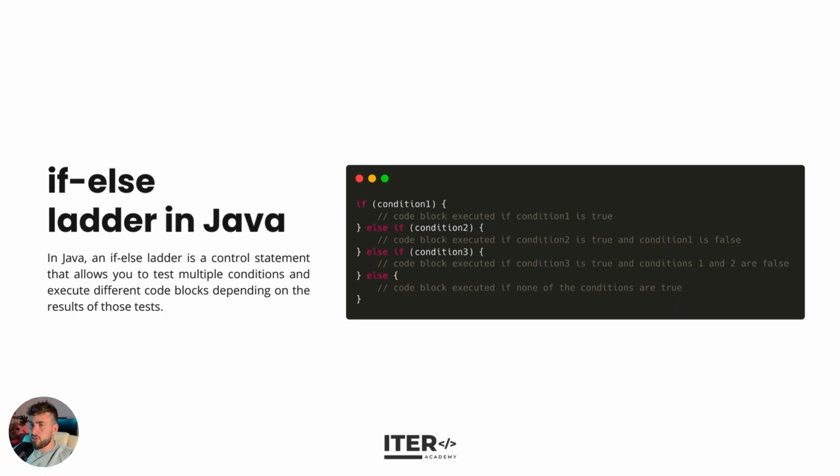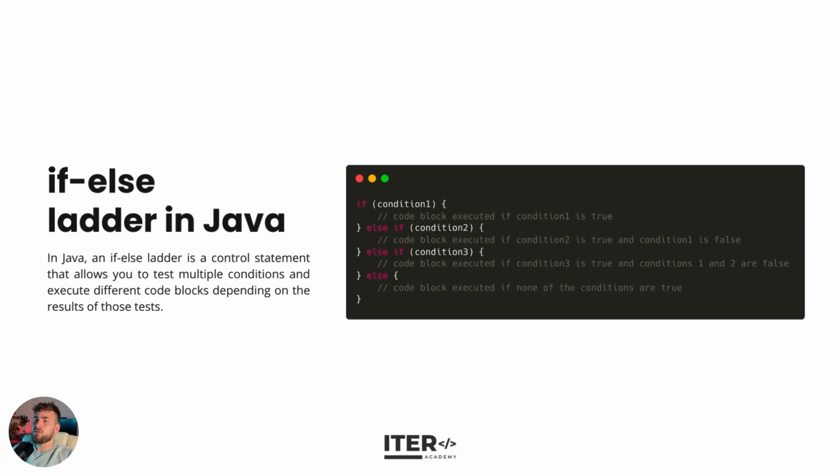The if keyword is followed by a set of parentheses that contain a Boolean expression or a condition that is evaluated to either true or false. If the condition is true, the code block inside the first set of curly braces is executed.